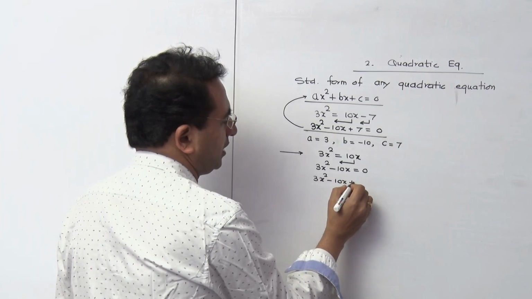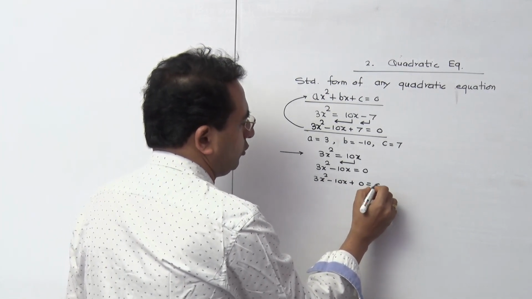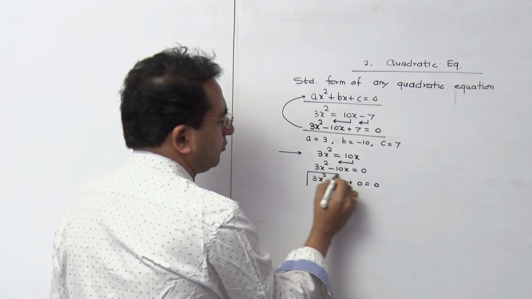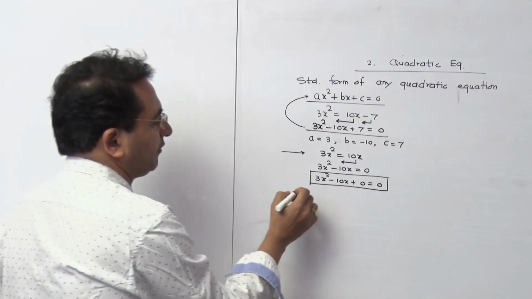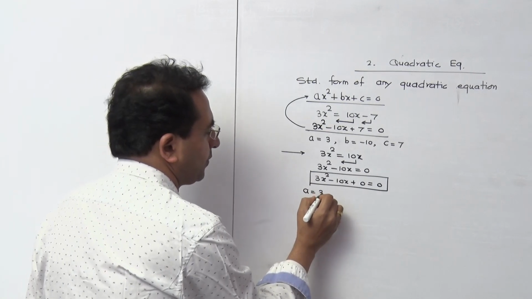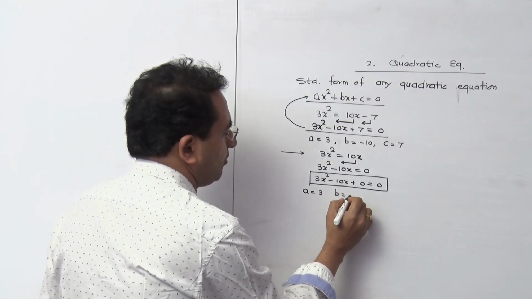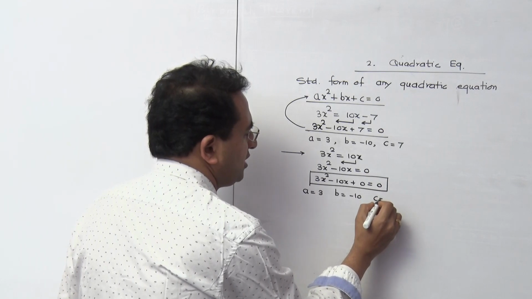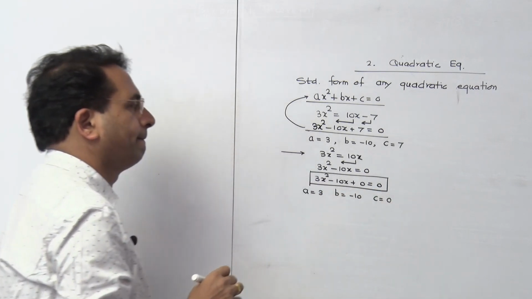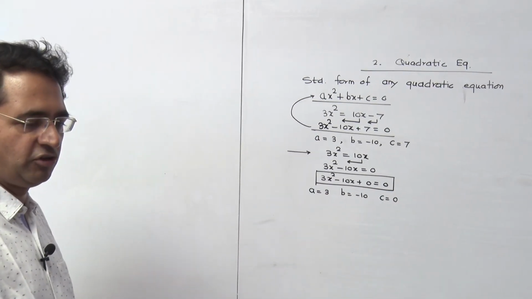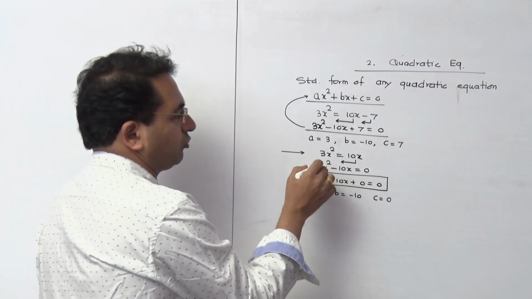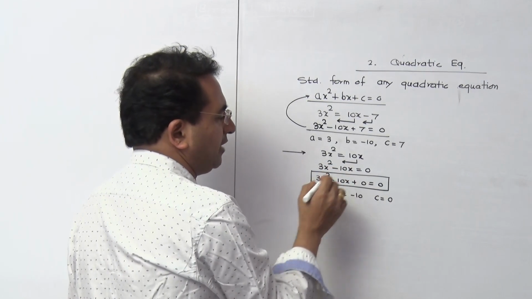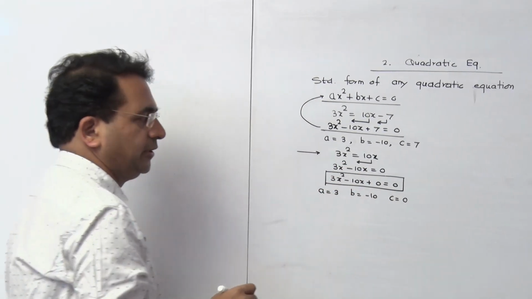It is going to be plus 0 is equal to 0. So this one is called a standard form where the value of A is going to be 3, the value of B is going to be minus 10 and the value of C constant is 0. Normally they ask you the question like this in the exam for 1 mark. Write the equation in a standard form and find the values of A, B, C.